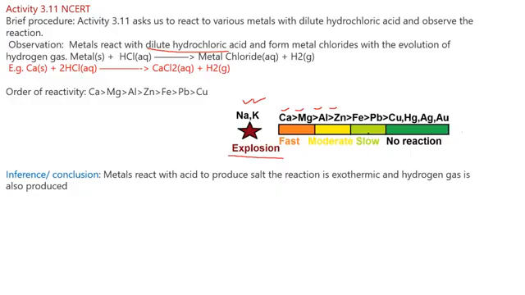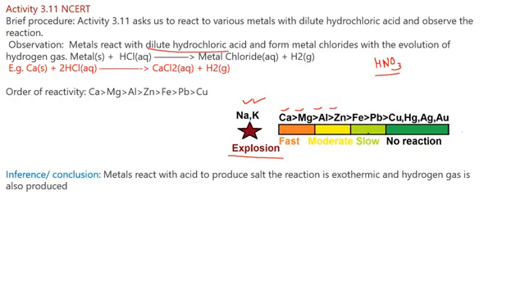Right, here I want to tell you one thing. Why don't we take dilute HNO3? Because HNO3, nitric acid, is a strong oxidizing agent.